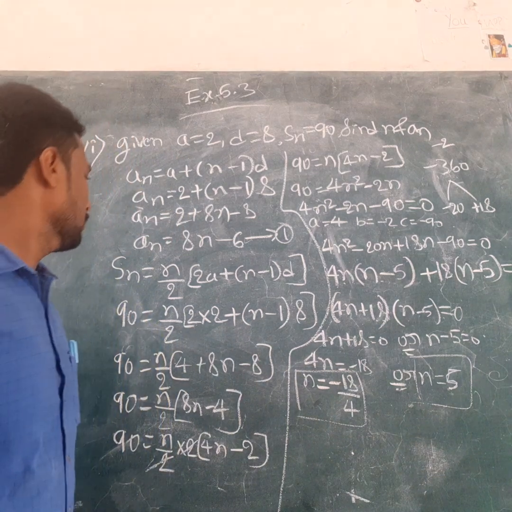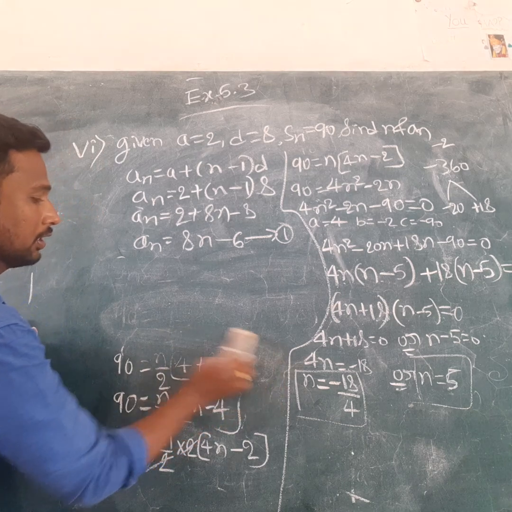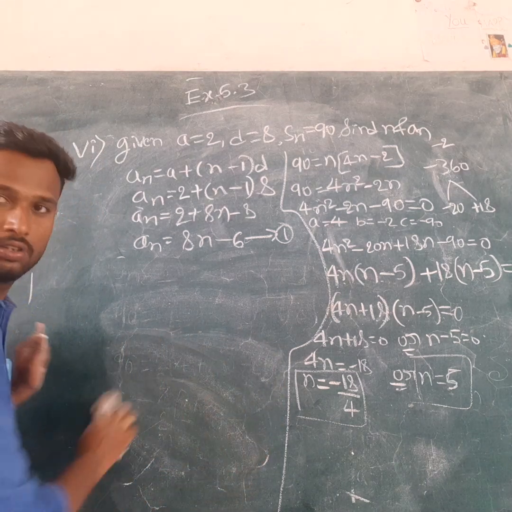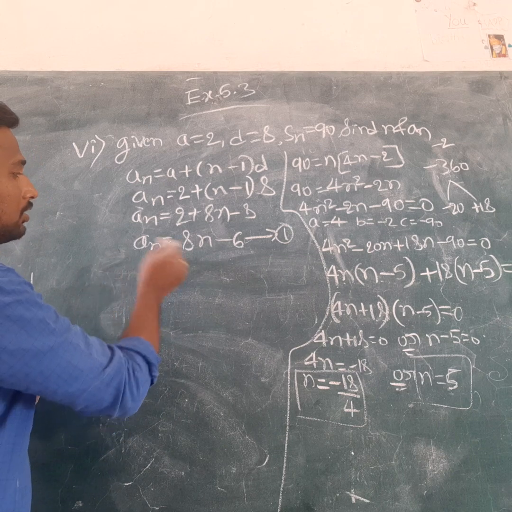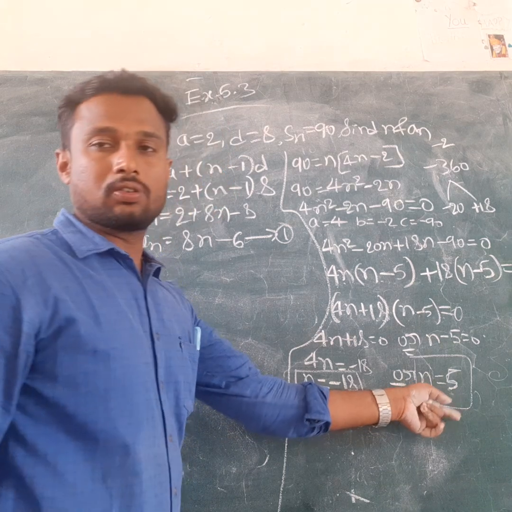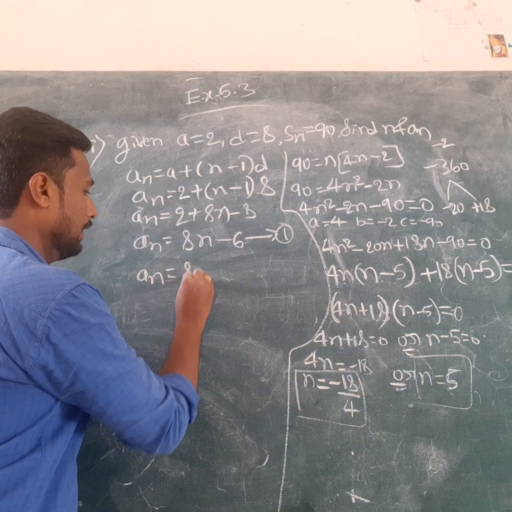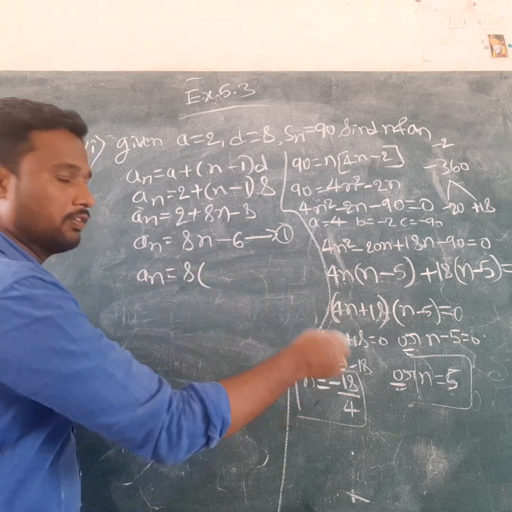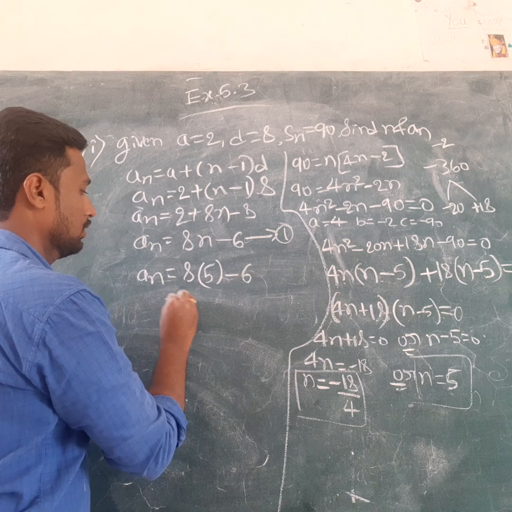So here now I will write below equation 1. First we got equation 1. In the place of n in equation 1, I will insert this value n is equal to 5. So here an is equal to 8 into 5 minus 6.